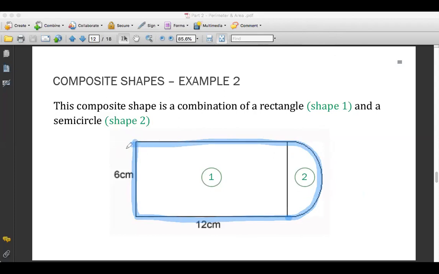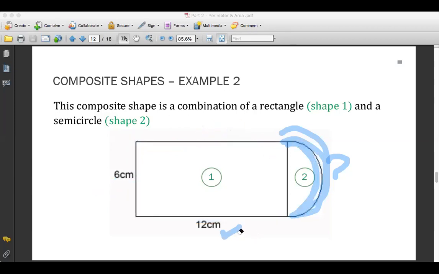So what does that mean? I'm going to add 6 with 12 here, so it's 12 cm. But how do I find out the length over here? This is where I must use the circumference of half a circle. If I want to find the circumference of this half circle, I must know the radius for the calculation.